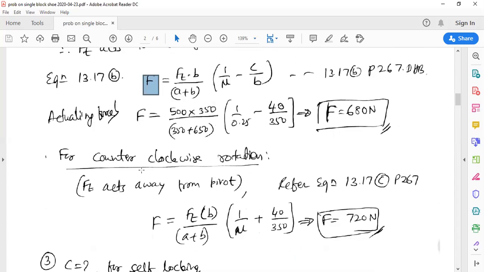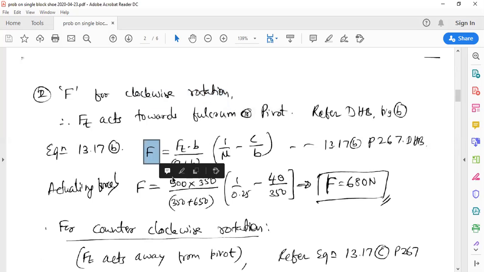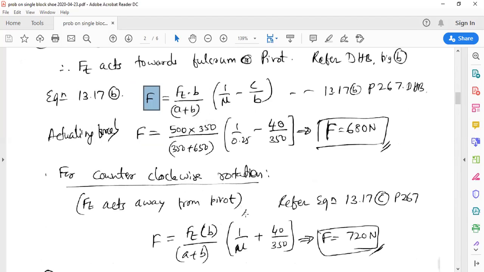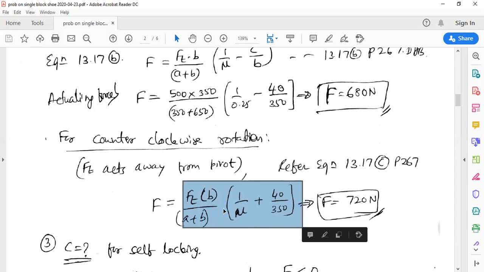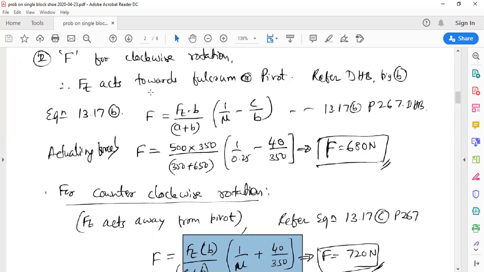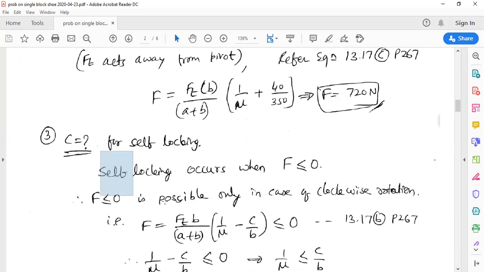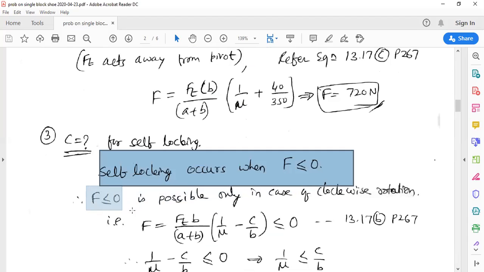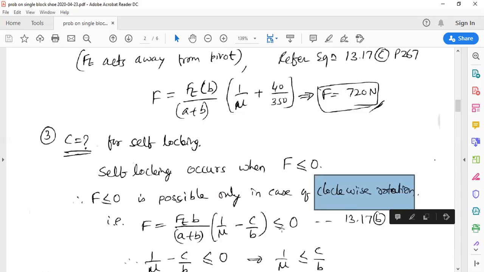So for clockwise rotation, there is a possibility of getting a negative or 0 value for F. If I consider counterclockwise, the equation contains a plus sign, so whatever values you get, the result will be positive. No negative or zero value is possible there. It is only possible when the drum is rotating clockwise. So for self-locking, F is less than or equal to 0, which is only possible when the drum rotates in the clockwise direction.